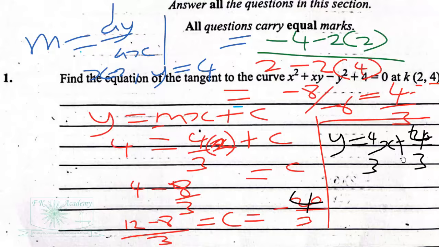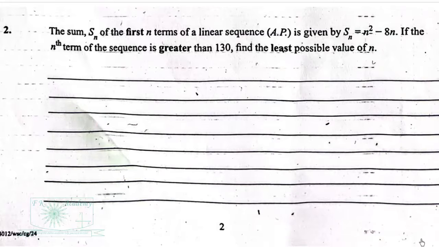Or we multiply through by 3, we get 3y equal 4x plus 4. Or negative 4 is equal to 4x minus 3y. So that is the equation of the tangent to the curve at K.